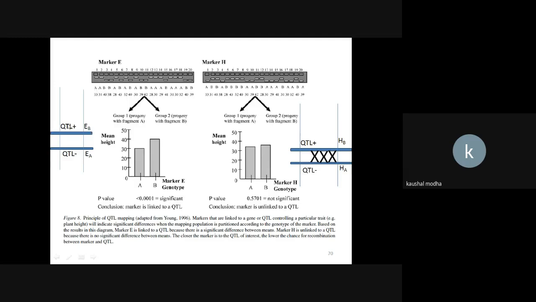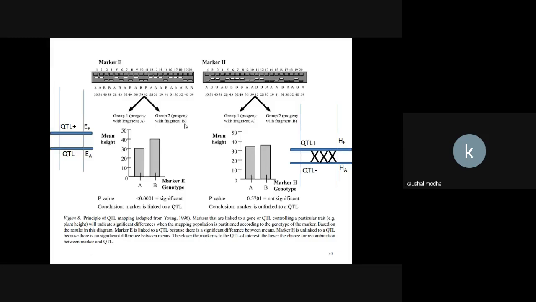Here I have shown EB, that is the B allele of marker E, and EA, that is the A allele of marker E. Now the software will classify these RILs into two groups: all the RILs showing fragment A and all the RILs showing fragment B.